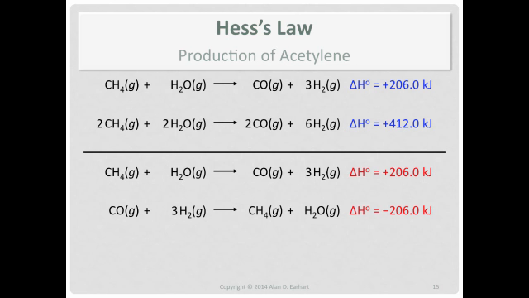The top set with the blue standard enthalpies of reaction, that one was done in order to show you that if you take the first one and double everything in it, you double the enthalpy change. So there's one manipulation. The bottom sets of equations, the ones with the red standard enthalpies of reaction, if you reverse the reaction, you then change the sign on the standard enthalpy of reaction.